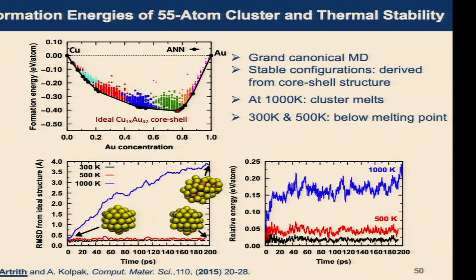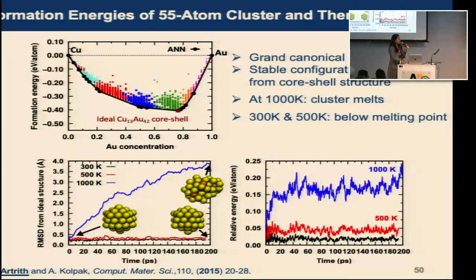And we also wanted to make sure, because the atomic positions were first fixed when we found the composition, that it is really stable at different, high temperatures. So we used the structure from the Monte Carlo simulation and ran MD simulations. At lower temperatures, like 300 Kelvin or 500 Kelvin, we still see copper staying in the core and gold on the shell.